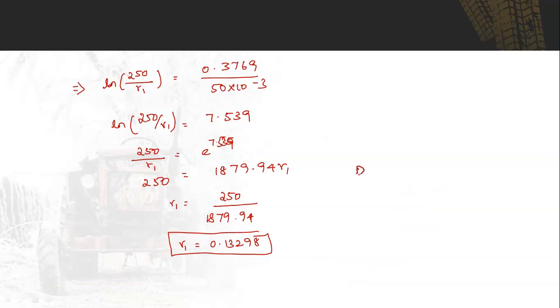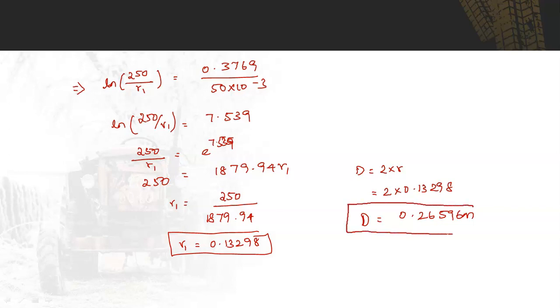So diameter D is equal to 2 into radius, 2 into 0.13298. Diameter D is equal to 0.26596 meter. In the question they are requested to find it in mm. So diameter D is equal to 265.965 mm is the correct answer.